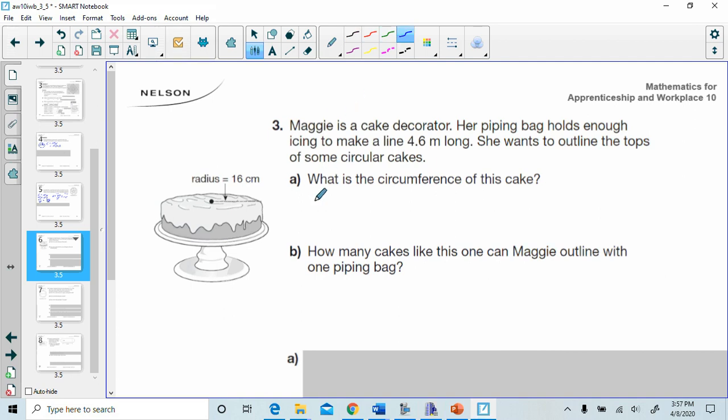Okay, so in this case, we know that circumference is pi d, but it's also 2 pi r. So then we'll just fill in what we know. 2 pi times the radius here of 16.